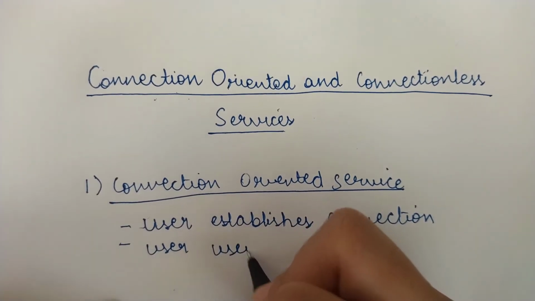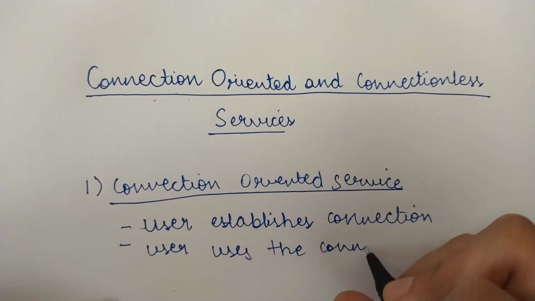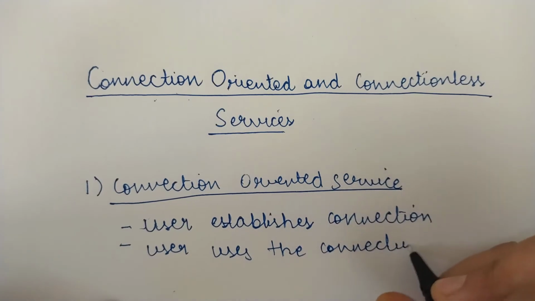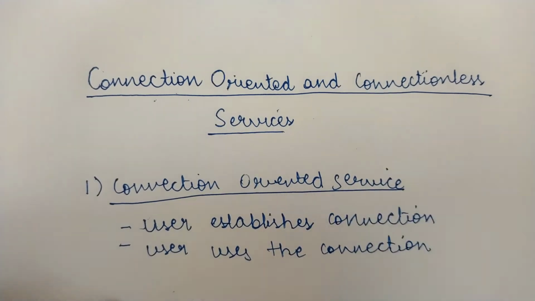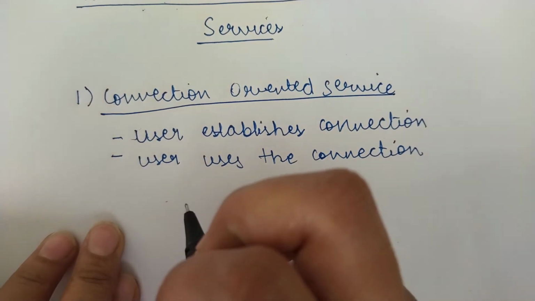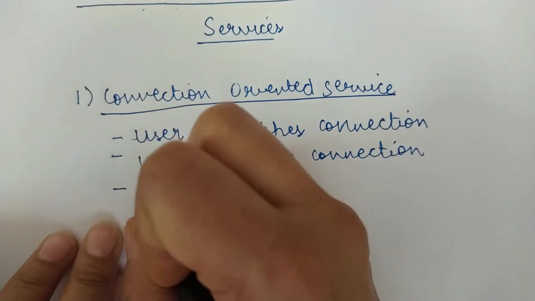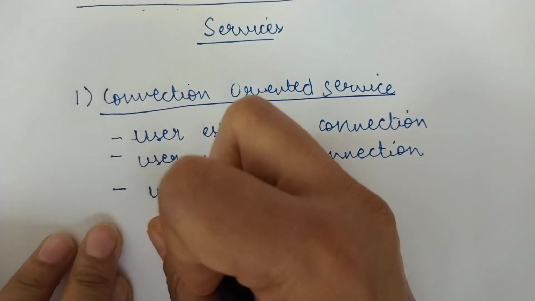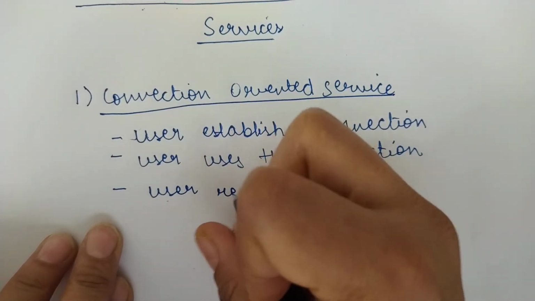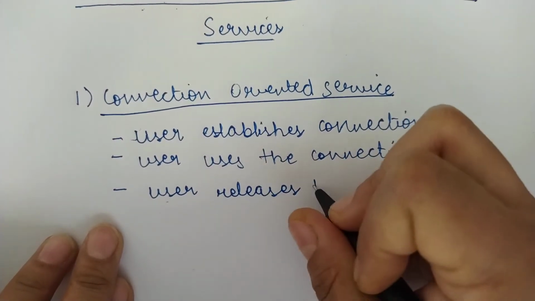So the user uses the connection, and when the connection has been used and the user has transmitted his data, what would be the next step? The user would release the connection because it is now no longer needed and the data has been transferred.